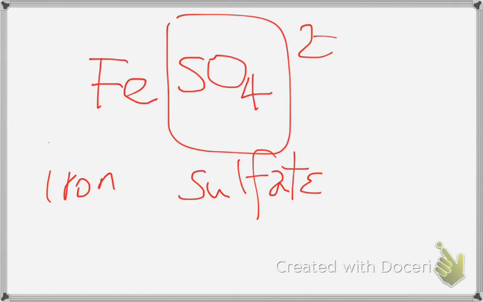Since I gave you the formula, you can already tell what charge it was since it's in a 1-to-1 ratio. There's 1 iron to 1 sulfate. Since the charge is a 2- on the sulfate, the charge on the iron has to be 2+, and so in parentheses, you put Roman numeral 2. So it's iron 2 sulfate.